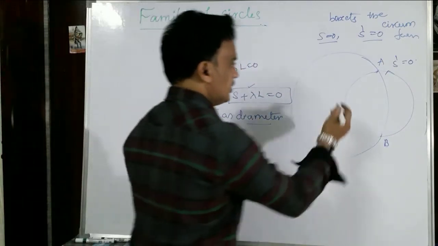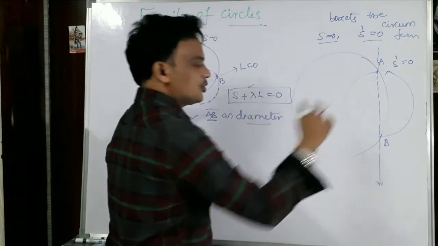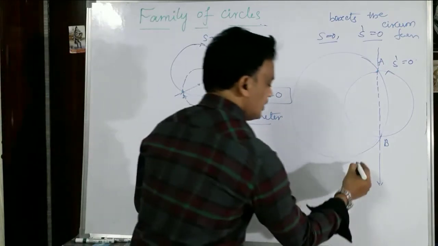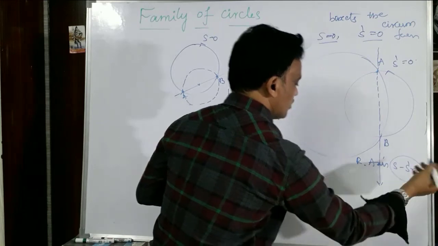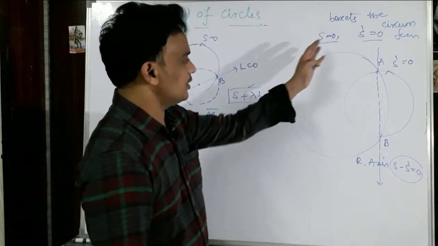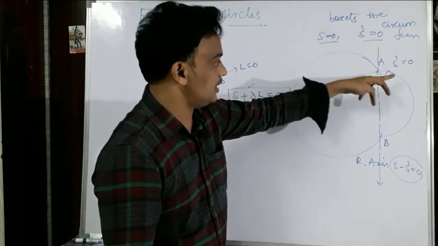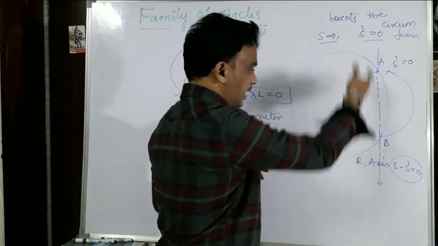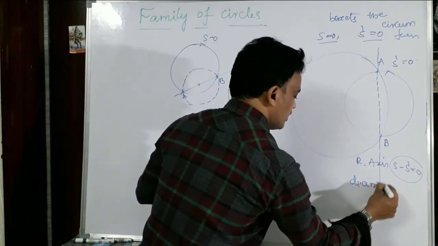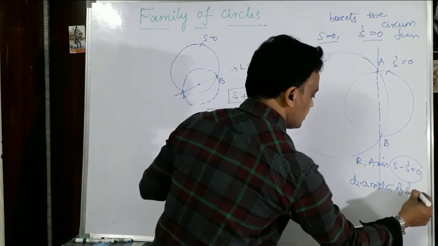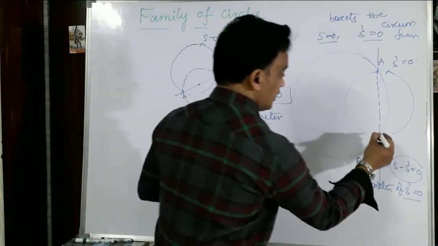In that case, this is the radical axis of the two circles, S minus S dash = 0. But since it bisects the circumference of the second circle, this radical axis is the diameter of the second circle S dash = 0.